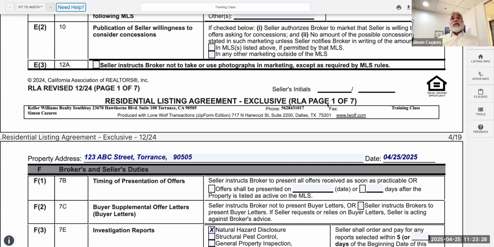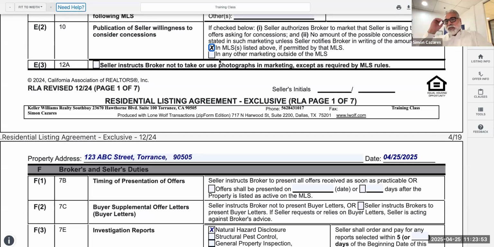The answer is no. That is against the rules and regulations of the NAR settlement, but there is a toggle on the MLS that says seller is willing to pay concessions, and it says yes or no. Okay, so if they say yes to that, then you're going to check in the MLS above permitted by the MLS. In any other marketing outside of the MLS, then you would check this.